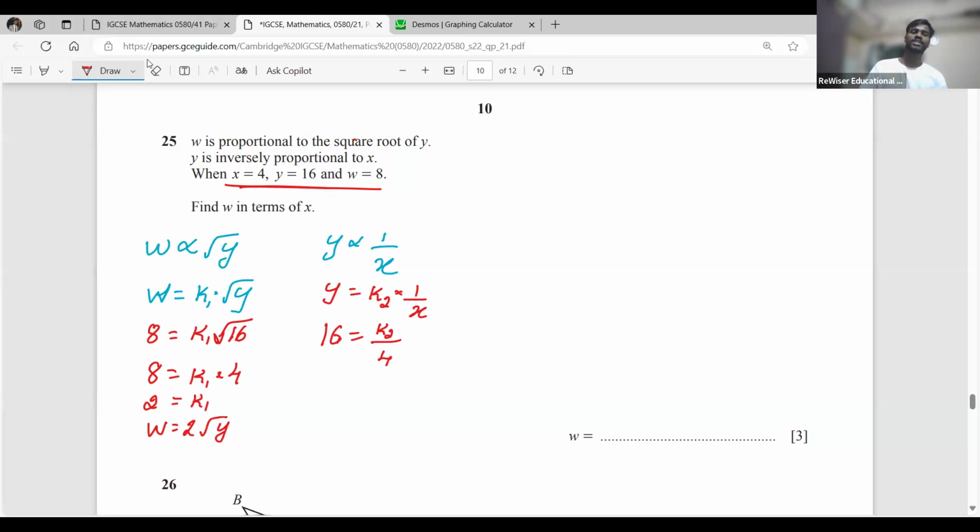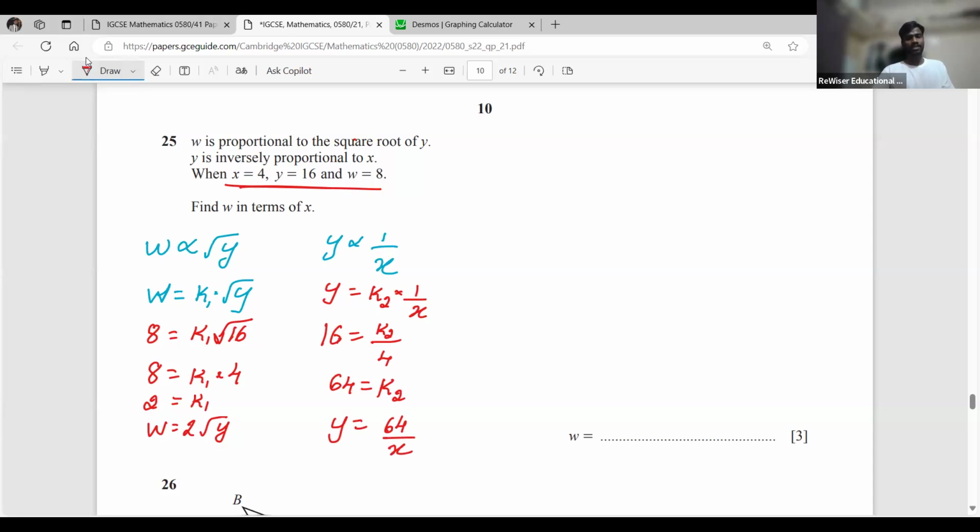When 4 goes to the other side, it's 16 times 4, which gives the value of k2 to be 64. It's k2, not k squared. That gives us the relationship between x and y: y equals 64 over x.